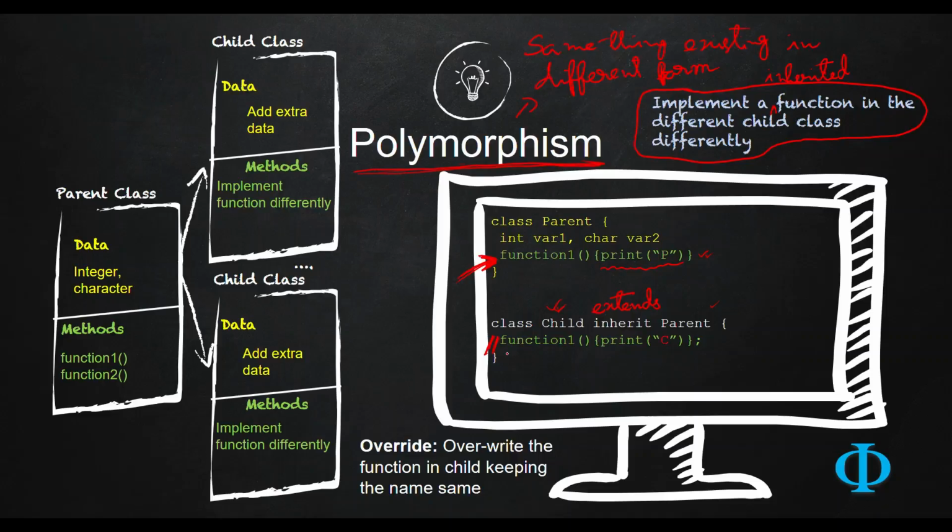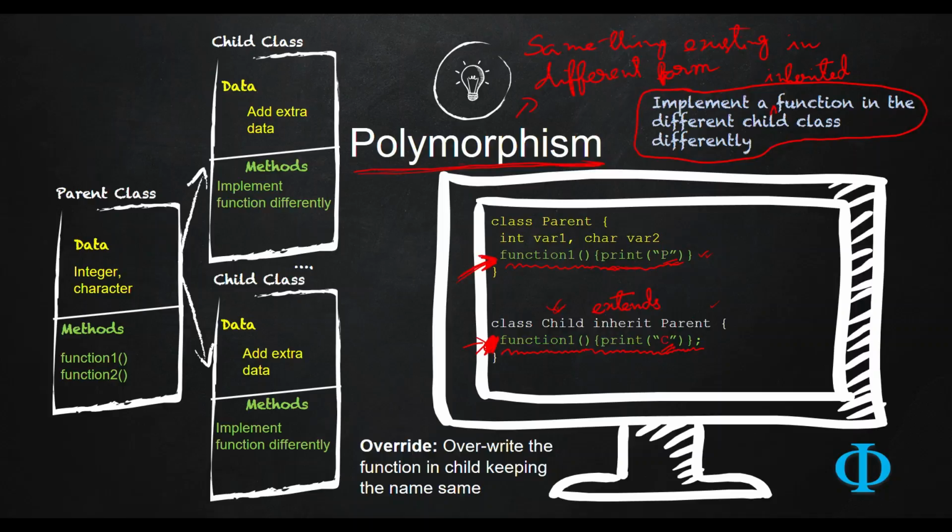For example, as you can see in here, if you just uncomment this line, this function was the default implementation where the parent is printing P. P stands for parent. Now in this line, this function 1, after inheriting from the parent, the child has re-implemented in such a way that it can print C, C for child.